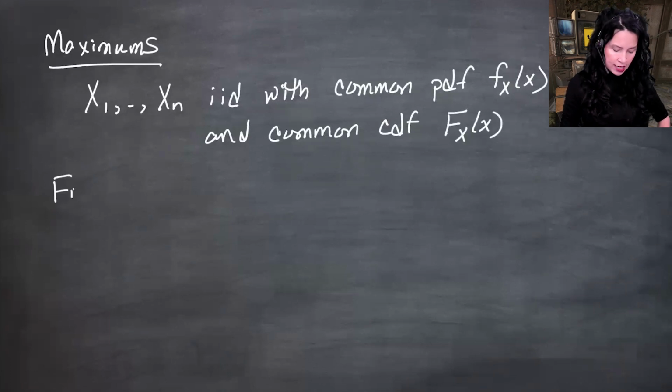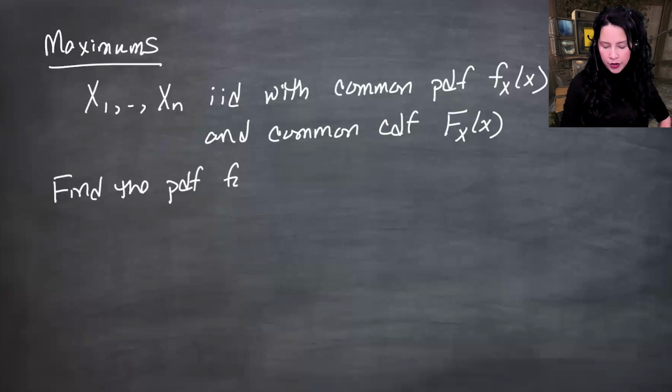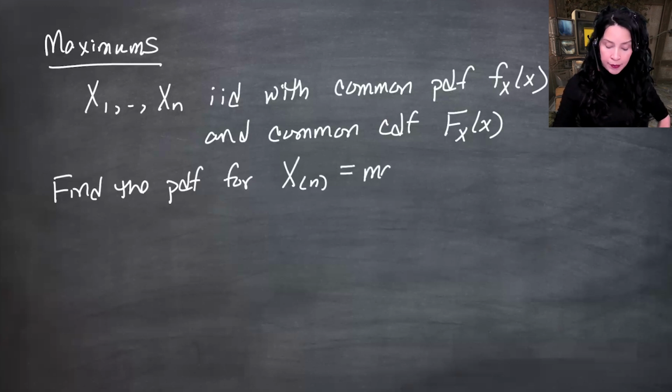And I want to find the PDF for x sub n in parentheses, which is, we now know, defined to be the maximum of x1 through xn.